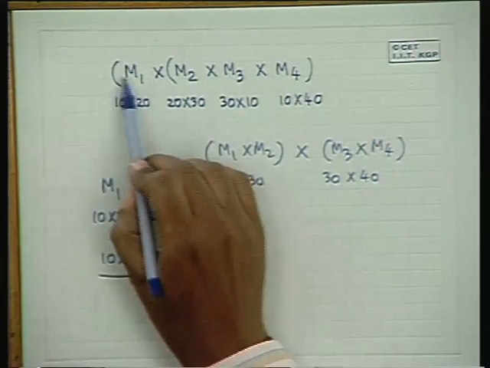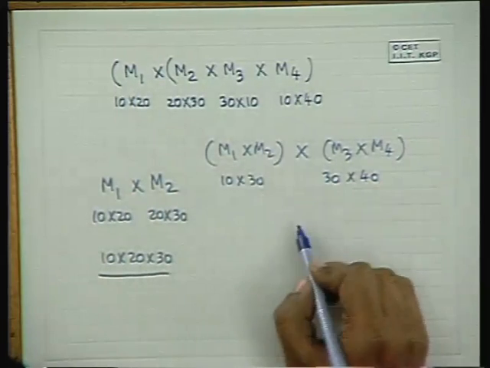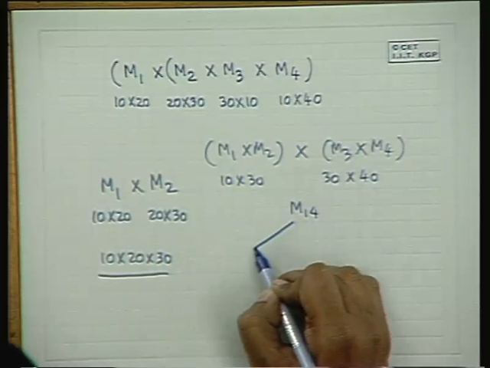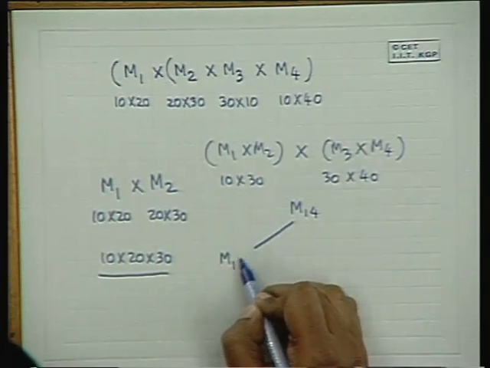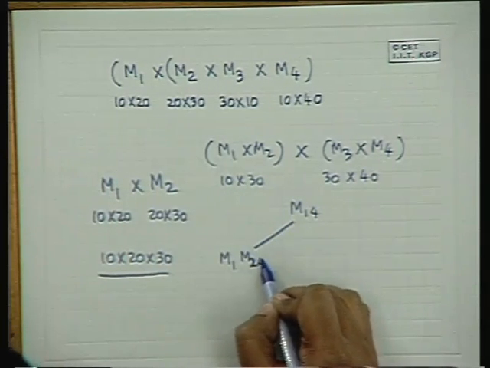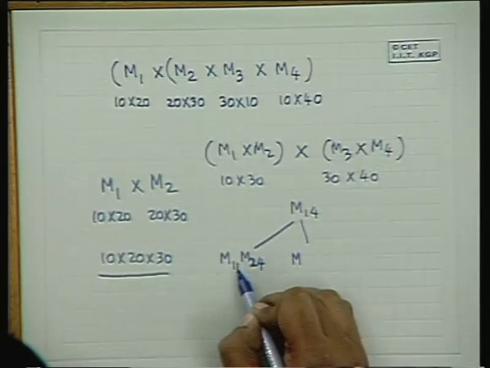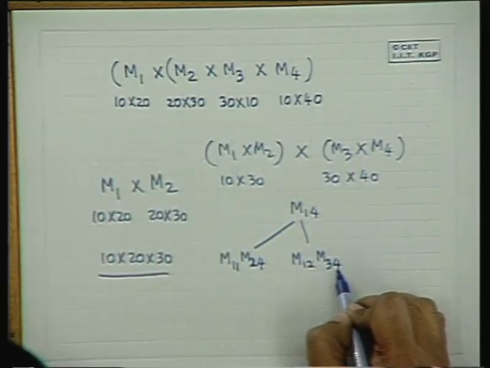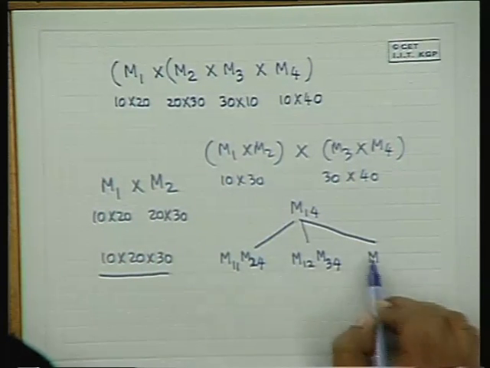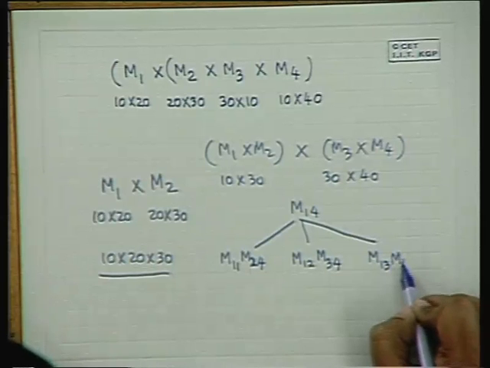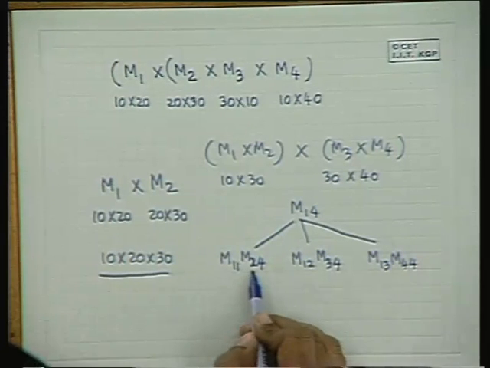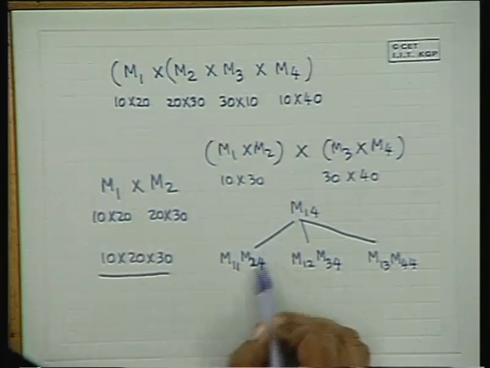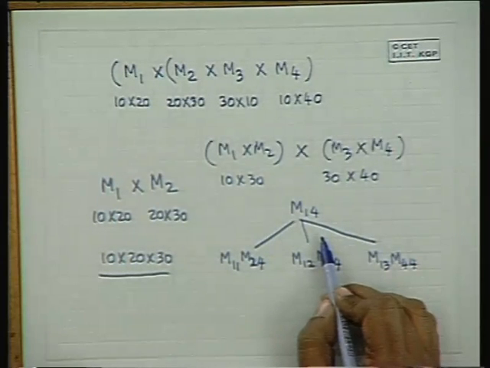Alright. So, to solve this problem, what are my choices? To solve from M1 to M4, my choices are M11 with M24, or M12 with M34, or M13 with M44, and then again for 2 to 4 I will have various choices, and based on these choices whichever is the minimum, that is the one I should take.